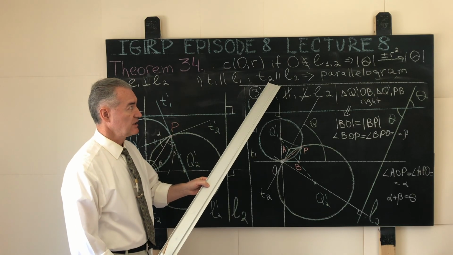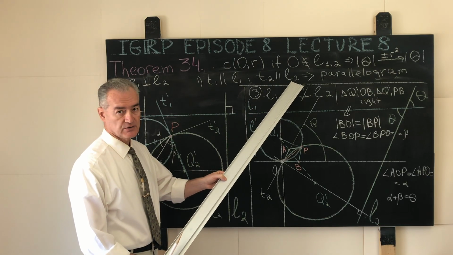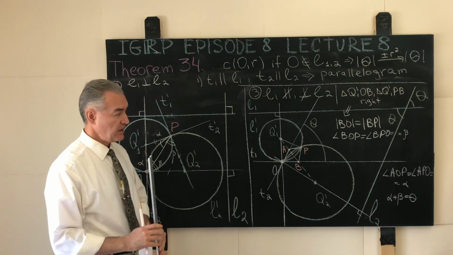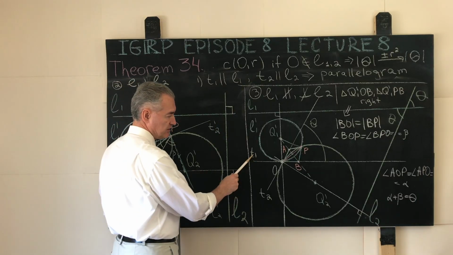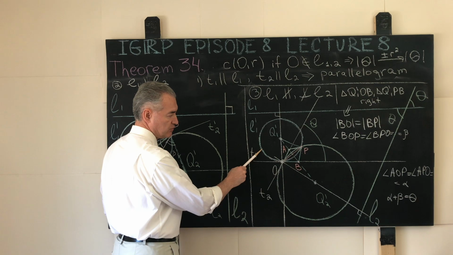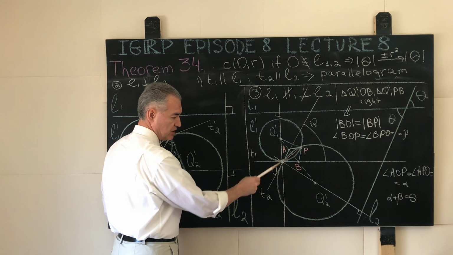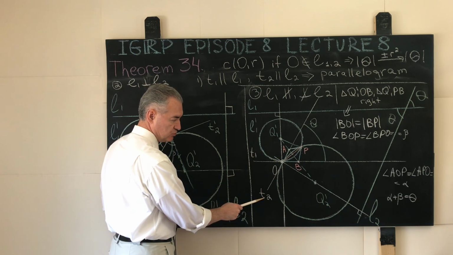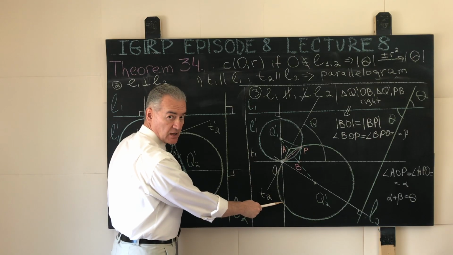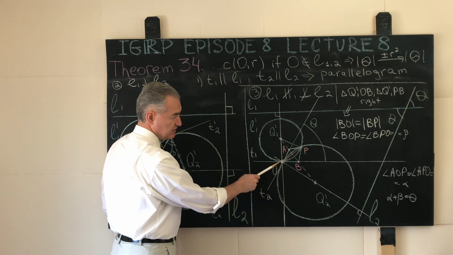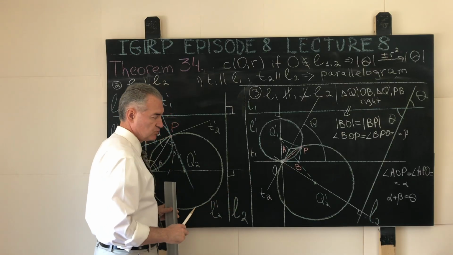We have the tangent T2 parallel to the pre-image line L2. Again, we construct the tangent T1 to the circle L prime 1 through the center of inversion, and we construct the tangent T2 to the image circle L prime 2 through the center of inversion as well.